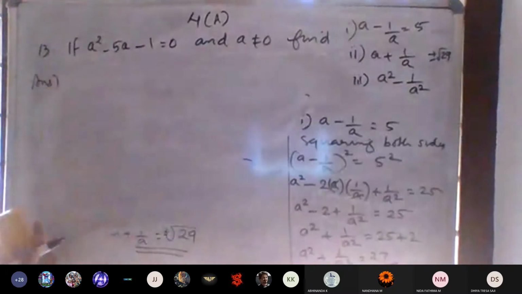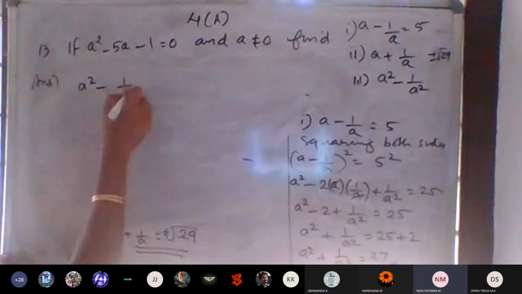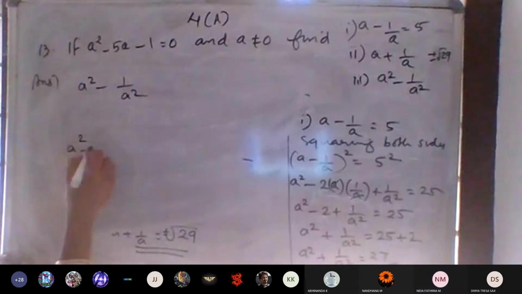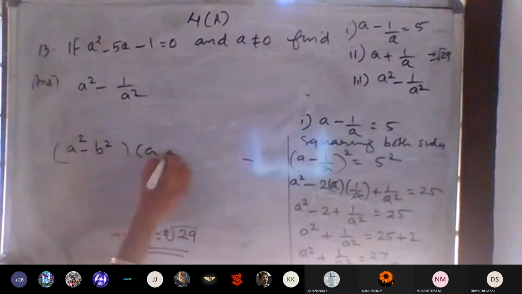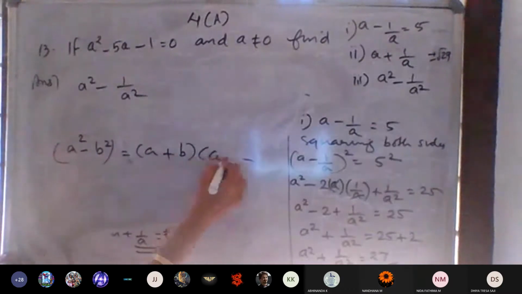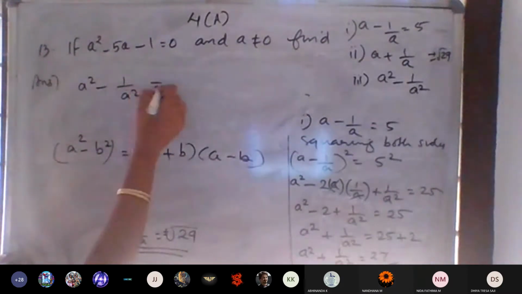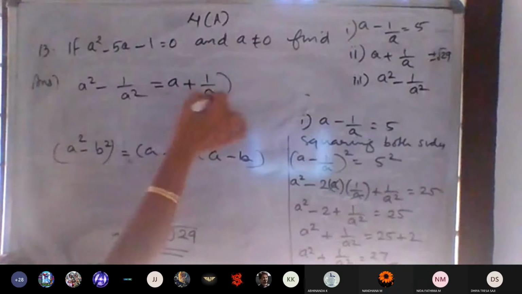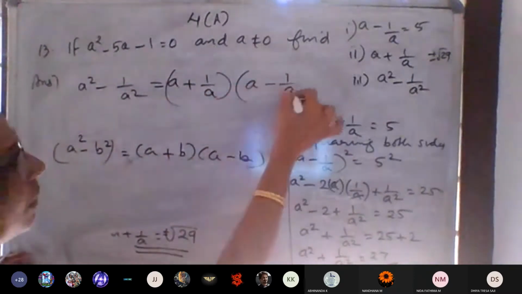The third part is a square minus 1 by a square. That is a square minus b square form, which is a plus b into a minus b. Same way, a square minus 1 by a square is a plus 1 by a into a minus 1 by a.